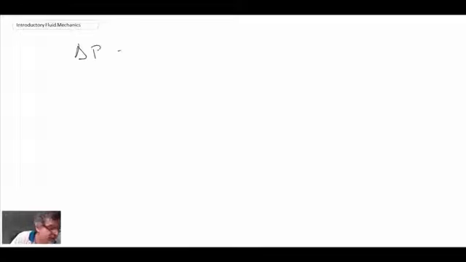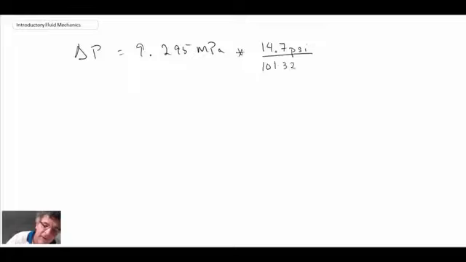So the pressure drop is going to be 9.295 megapascals. Now they told us to compute this in PSI. And so this is a conversion that you should have memorized. You multiply this by 14.7 PSI divided by 101,325 Pascals, so I'm going to have to put this as times 10 to the 6.